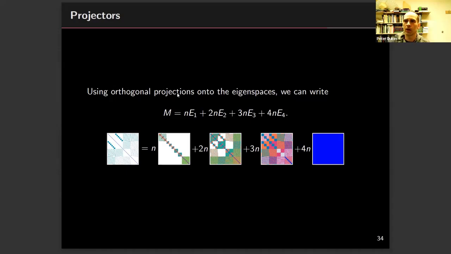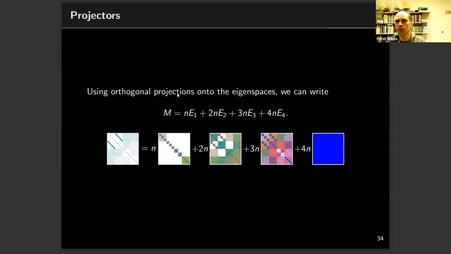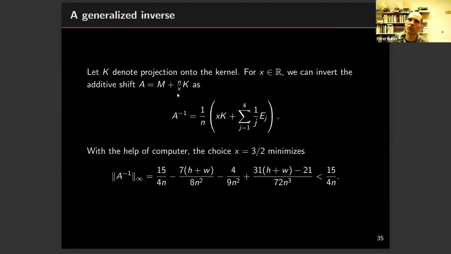Okay, so now with that, we can get a generalized inverse for our matrix M. Now, M had kernel vectors, right? Remember, M was not invertible. But if we just take a shift by some multiple of K, the projection onto the kernel of M, then we can invert this shift. And you can pick a good value to shift by so that you get a fairly small infinity norm for this generalized inverse.